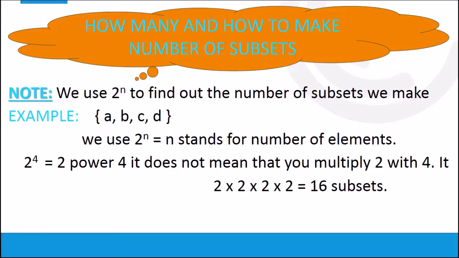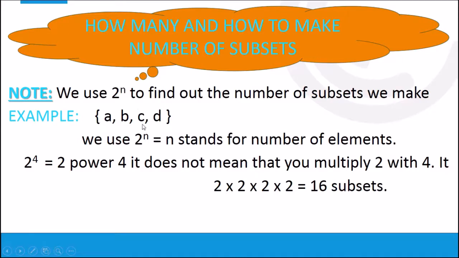Now come to another way: how to find the number of subsets we make. We use 2 to the power n to find out the number of subsets. In the beginning I told you how to find the subsets. Now my question is, please tell me how many subsets we have to make.